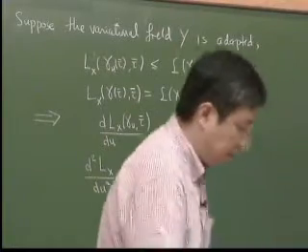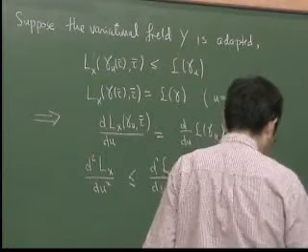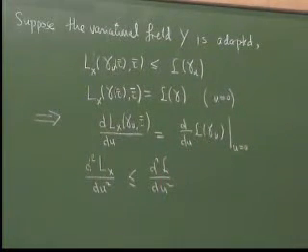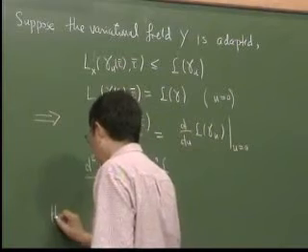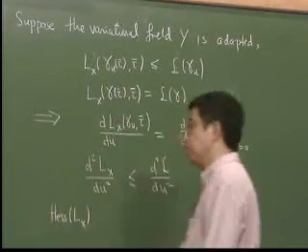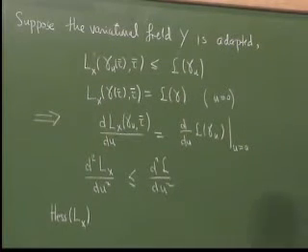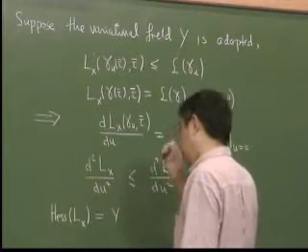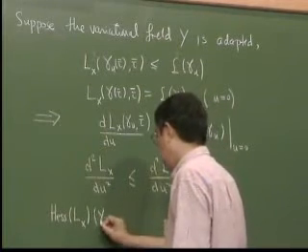So let's see where we are. Now we can compute the Hessian. What is the Hessian here? The Hessian of L_X is by definition the Hessian in the Y directions.